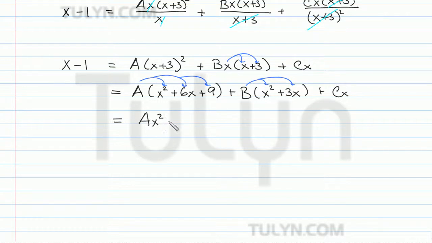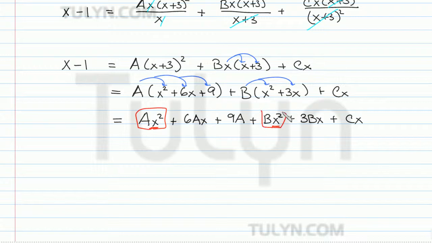So we get Ax squared plus 6Ax plus 9A plus Bx squared plus 3Bx plus Cx. Okay, so now the next thing I want to do is group all the terms with x squared in them, and then all the terms with x, and then all the constant terms. So these two terms have x squared, so I want to combine them and factor out an x squared at the same step. So this is going to be A plus B times x squared.